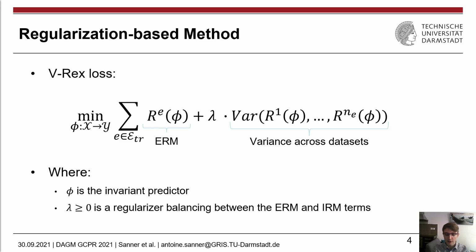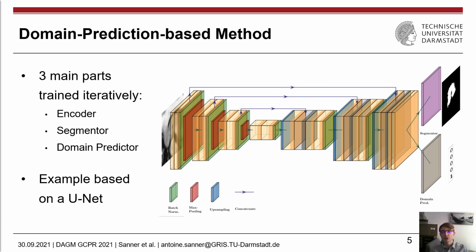In contrast, the second family uses domain prediction to find a harmonized data representation. It uses an architecture which is composed of three different parts: an encoder which will find a new data representation, a segmenter which will solve the main task of segmenting the input, and a domain predictor which will solve a secondary task of predicting which dataset an input comes from, given the new data representation.